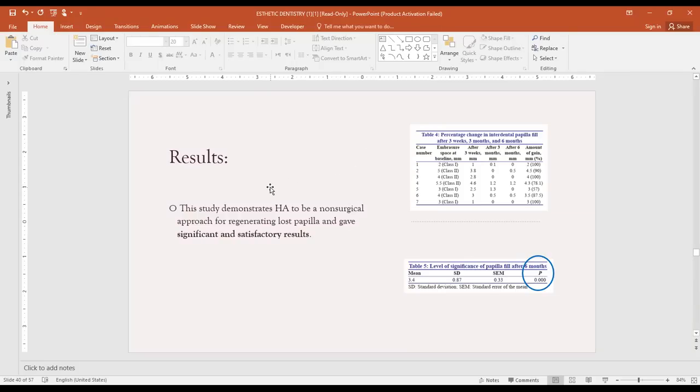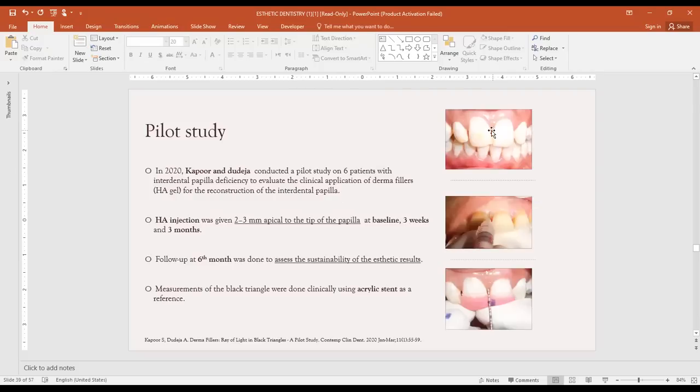There are multiple variables. There is a huge number of variables controlling the presence of interdental papilla. You have the horizontal variables, the distance between teeth, in terms of the cementoenamel junction. Teeth that are closer will not produce a good interdental gingiva.